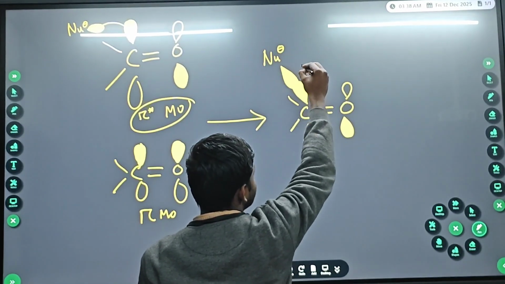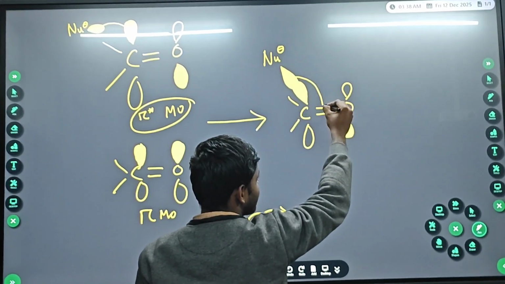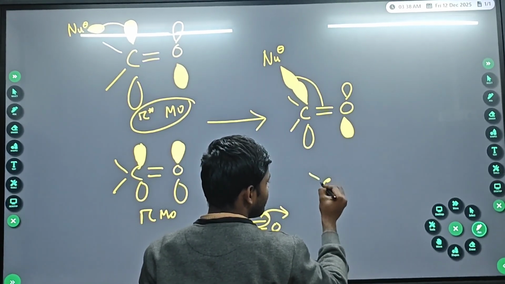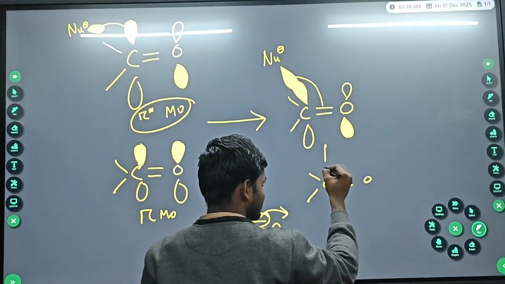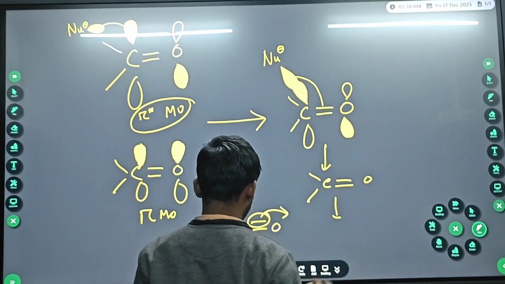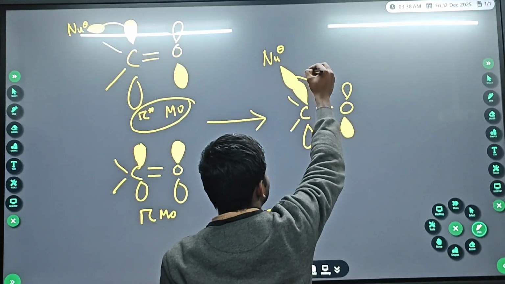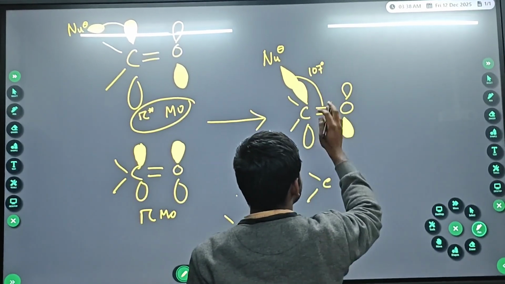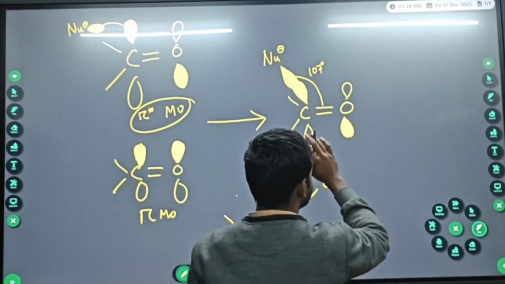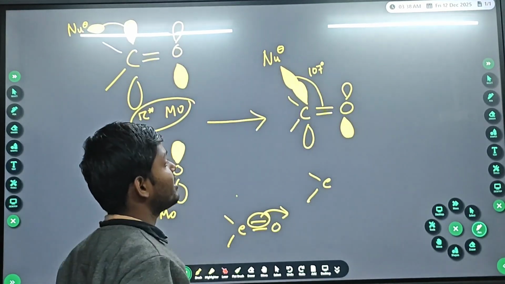And this results in something new: the nucleophile approaches at a certain angle. Predominantly we know this carbonyl will be attacked like this, and the product will be like this. That is not the true thing. The true thing is that it will bend. Why is it bent? Because in this carbonyl, carbon and oxygen, there is a very high electron source.